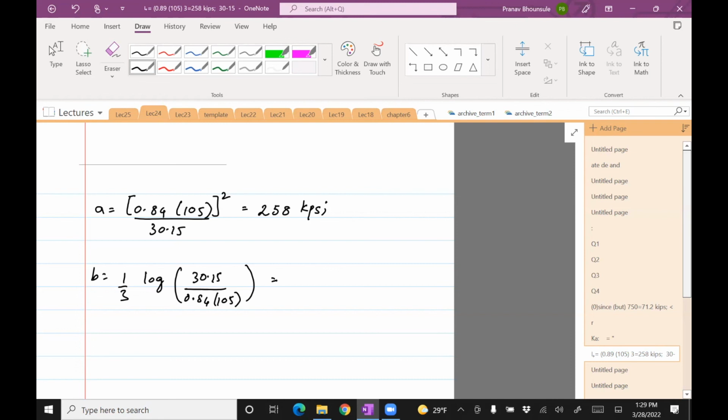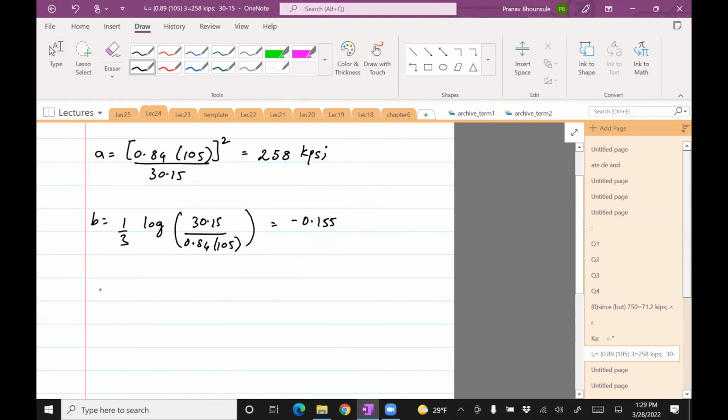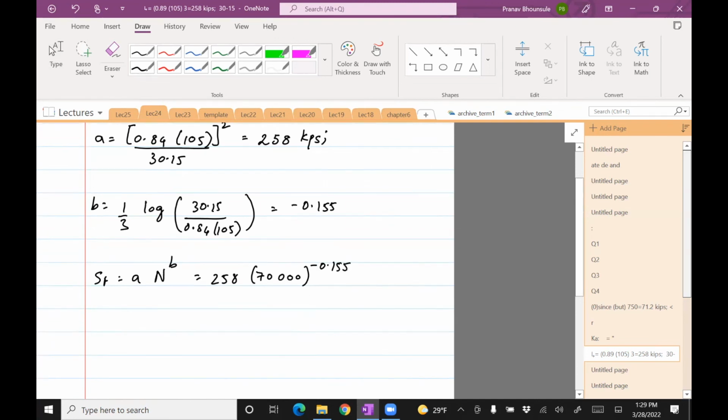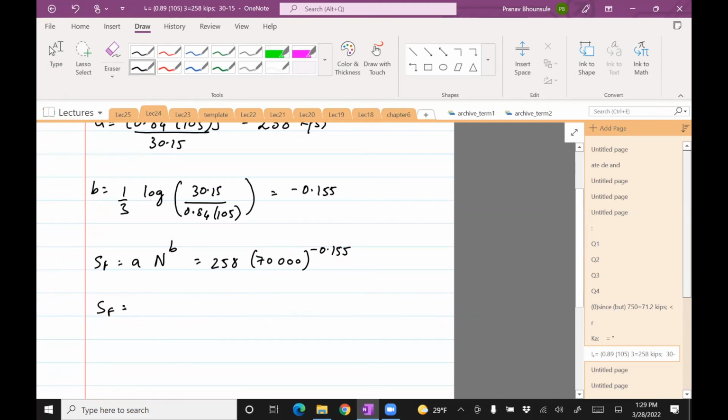That gives minus 0.155. Okay, so SF is A times N raised to B, which is 258 times 70,000 raised to minus 0.155, which gives about 45.75 kpsi.